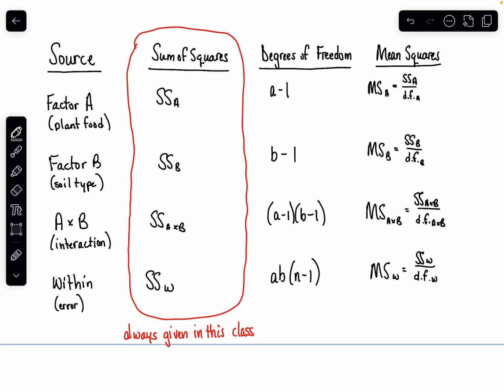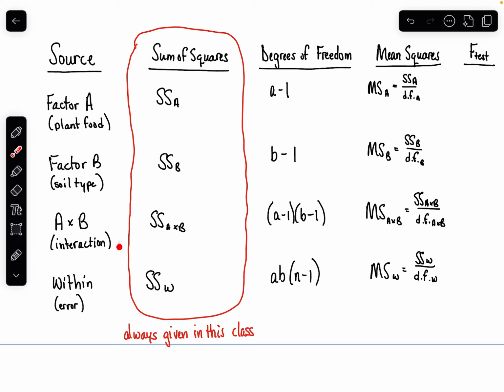And then that leaves the test statistic as our last thing. All of these things, the sum of squares, the degrees of freedom, and the mean squares, are necessary to be able to calculate the test statistic. And we will have 3 test statistics. One test statistic that will apply only to factor A. That is our hypothesis test on factor A alone. One test statistic for factor B. That will be our test on factor B alone.